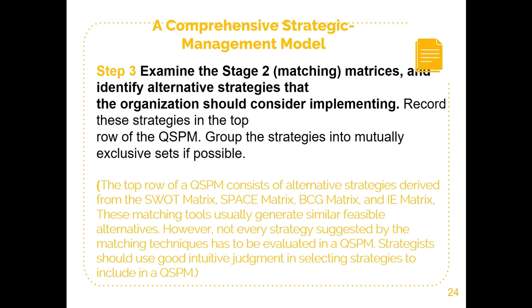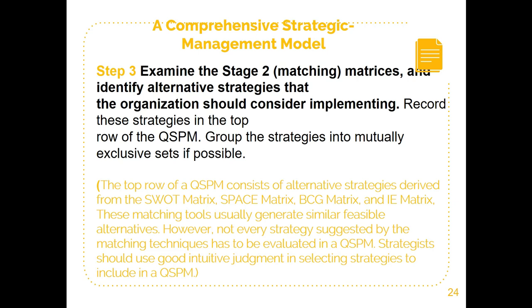Remember, the top row of a QSPM consists of alternative strategies derived from your SWOT matrix, SPACE matrix, or maybe your BCG or IE matrix. These matching tools usually generate similar feasible alternatives.